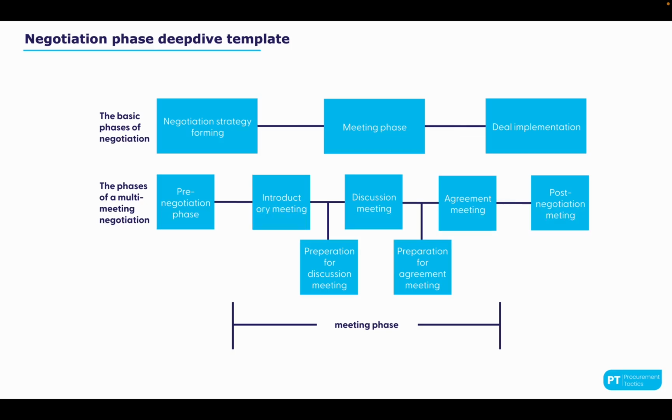At Procurement Tactics, we really believe that empathic negotiation design is the key factor to get better deals. If you want to learn more about empathic negotiation design, we have many articles on our site that go into this in further detail, but for now, we'll go to the next slide.